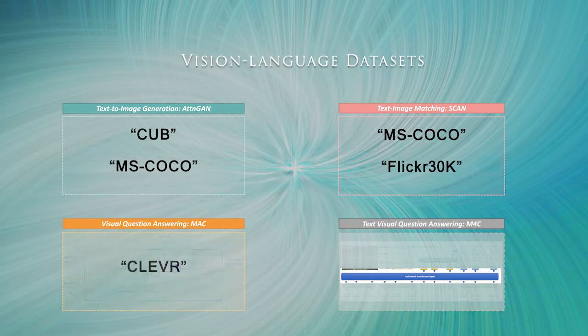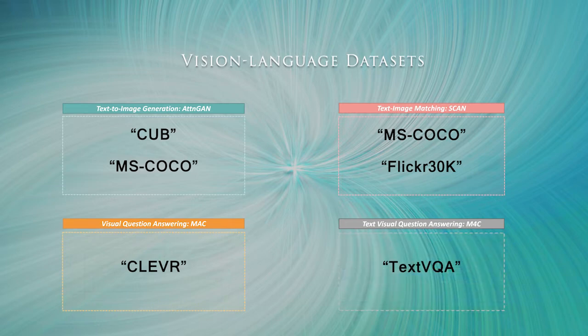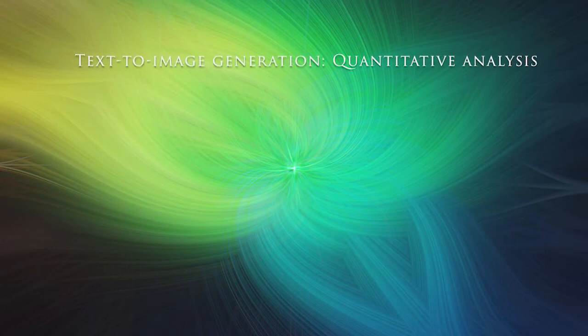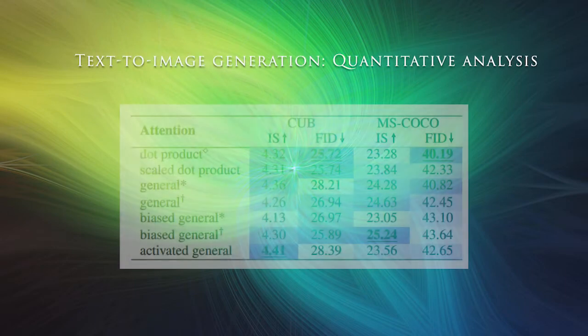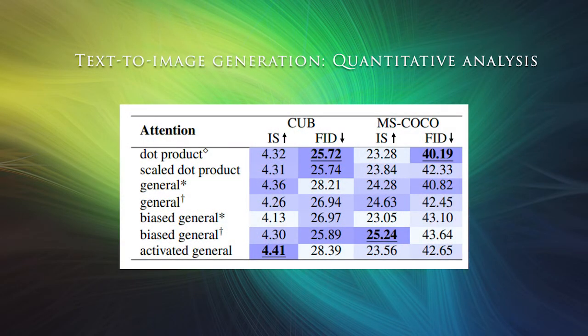For VQA, we used the CLEVR dataset, which provides synthetic images of 3D shapes and compositional questions. For TVQA, we use the TextVQA dataset, which provides real-life images that contain texts in the scene, and human-asked questions towards those texts. For T2I Gen, we use the inception score, IS, and the Fréchet inception distance, FID, as the evaluation metrics.